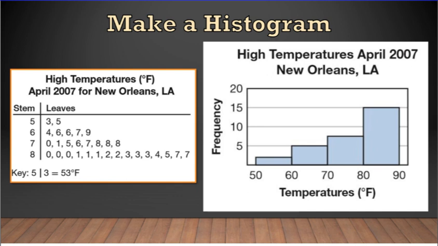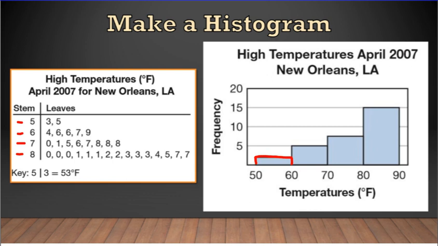If you were to use that same stem and leaf plot, but this time make a histogram with it, you would use intervals. And since we can use these stems as our intervals, we're going by 10, so our 50s, our 60s, our 70s, our 80s. Since we have two 50s, they drew a bar, so this would be about 2.